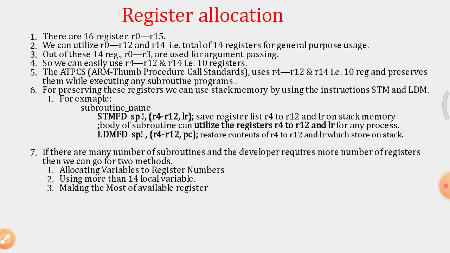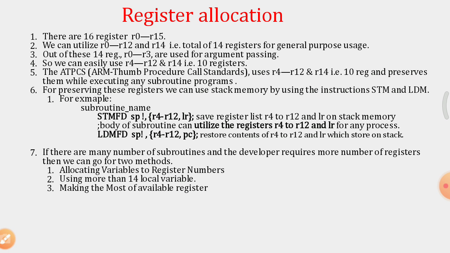The register R13 is a stack pointer and the register R15 is a program counter, which are mainly used to hold a special address that shows the path to the processor in terms of stack memory and execution memory. So we never try to use R13 and R15. Therefore there are 14 registers available for general purpose data storage.